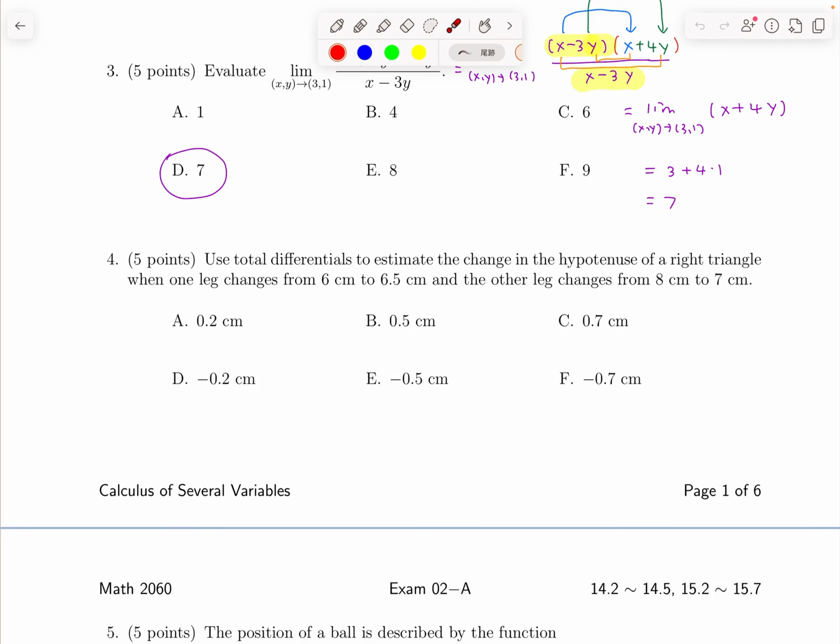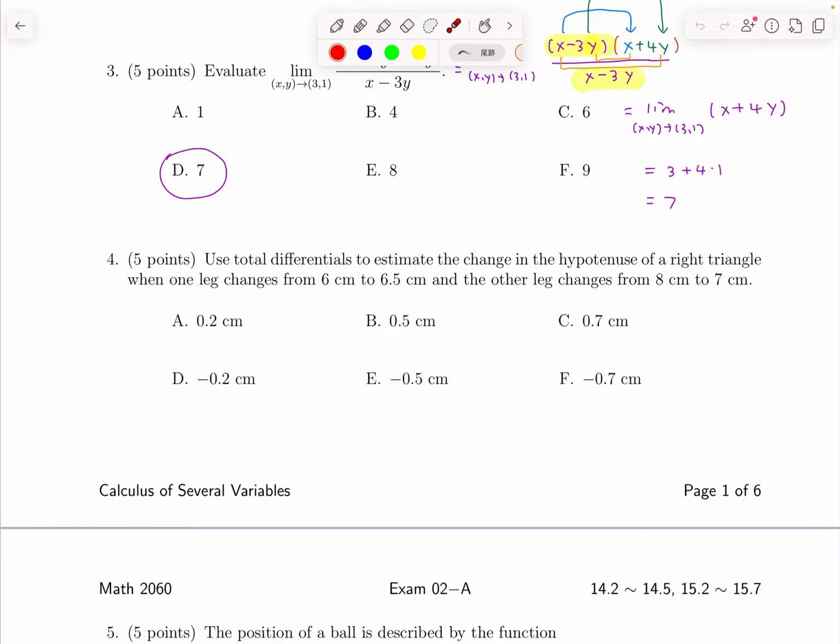You want to use the total differentials to estimate the change in the hypotenuse of a right triangle, when one leg changes from something to something, and the other leg changes from something to something. So that's why I want you to practice the learning activity. And after you practice the learning activity, you may come here and try to solve this exam problem.